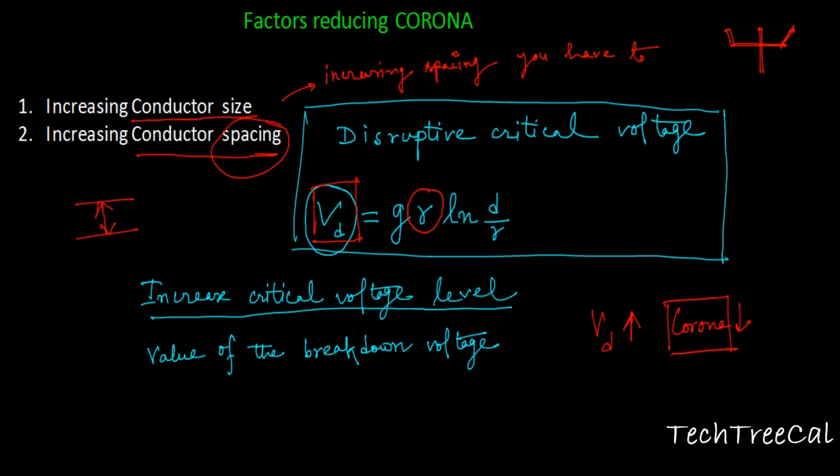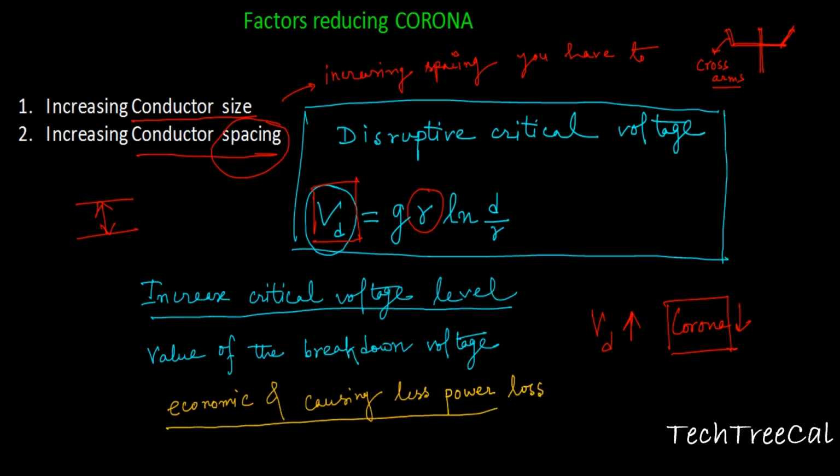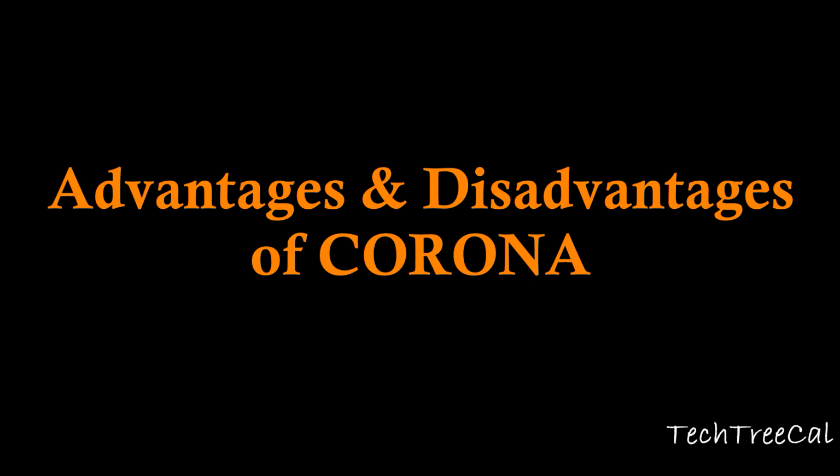Similarly, you cannot increase the conductor size to an infinite diameter, because that is also not economically cost effective. So as an engineer, you have to manage the entire process so that it is both economical and causes less power loss. Okay, now advantages and disadvantages of corona.